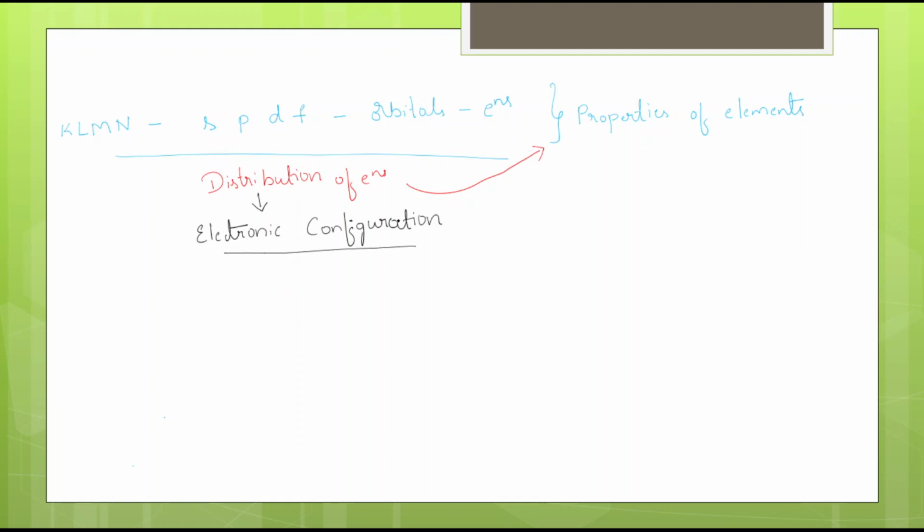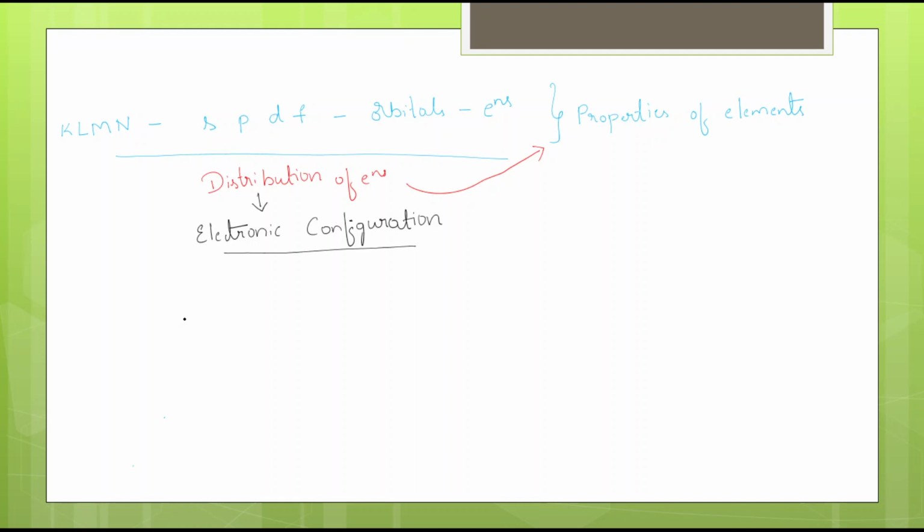If you know the electronic configuration of elements, it is easy for us to study their properties, because the properties of elements depend on the distribution of electrons, or the electronic configuration. So how to write this electronic configuration?